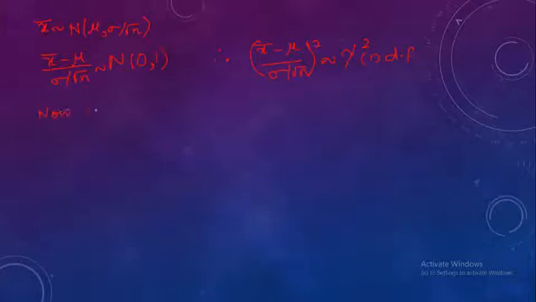Now consider the expression that I'm going to write below. Okay, now my expression is summation i is equal to 1 to n xi minus mu the whole square.